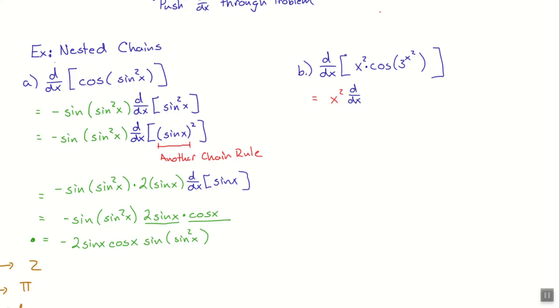So we'll go ahead and write this out. The second is cosine of 3 to the x squared, plus the second, so the cosine of 3 to the x squared times the derivative of the first. And on this one, I'm just going to write a 2x here since there's nothing crazy that has to happen.